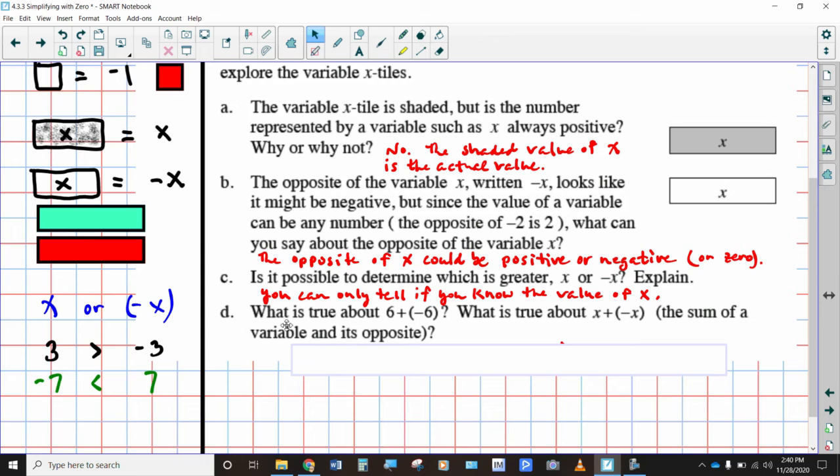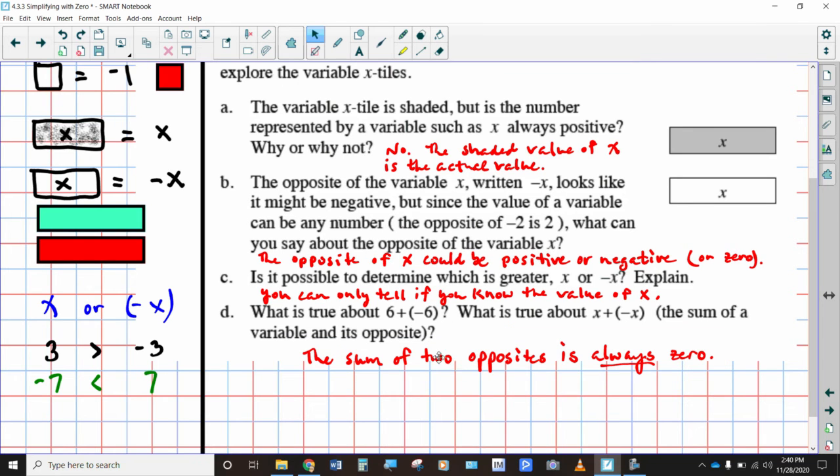And then the last one, what is true about 6 plus -6? Well, we know those are opposites, right? And they form a zero pair, so they must be equal to 0, correct? So what must be true about x plus -x? x plus -x is going to be equal to 0 as well, because it doesn't matter what x is equal to, -x is always its opposite.